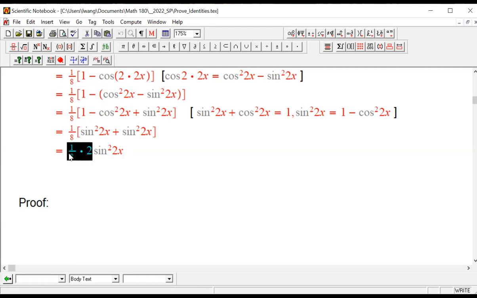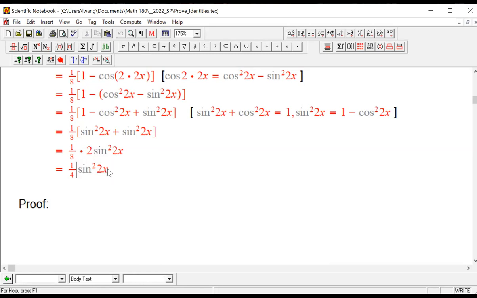And 2 and 1/8 will reduce. So we're getting 1/4, right? And then what is sine 2x? Because this piece is the same as sine 2x to the power 2.